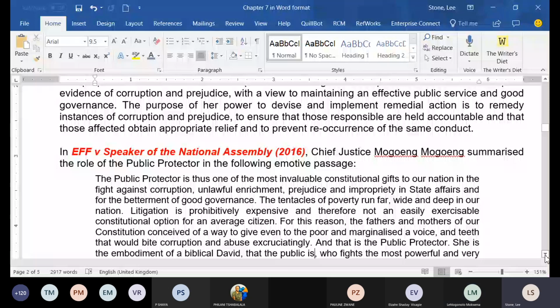Or your councillor in your municipality, an agency, you can't quite understand how that came about. It might prove that there's corruption happening. You can go to the public protector free of charge.